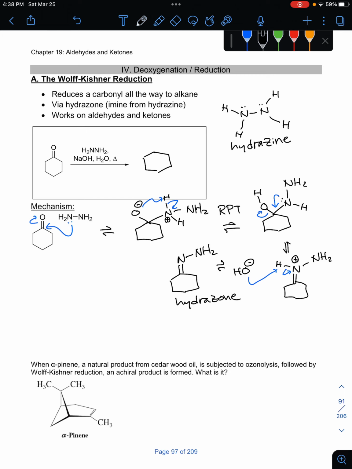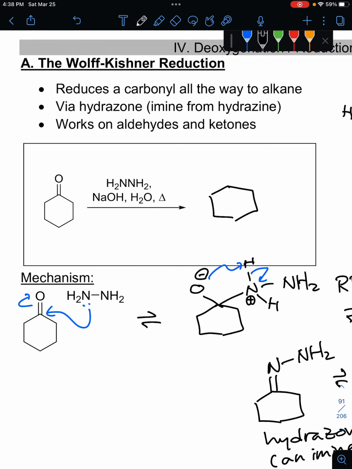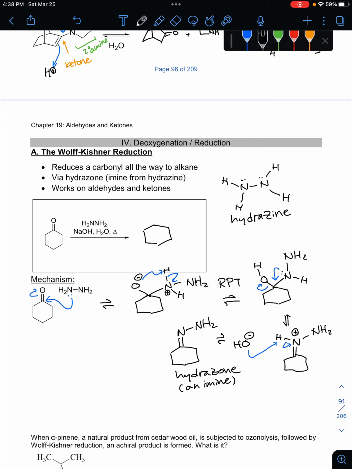Once you get to the hydrazone, which is an imine, excuse me, the reaction actually can't continue because we have sodium hydroxide in the mix. And I should probably draw these out.